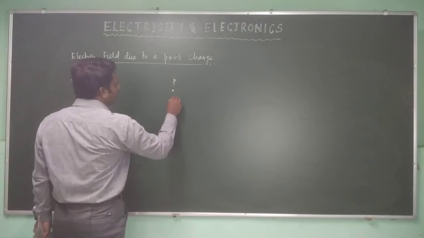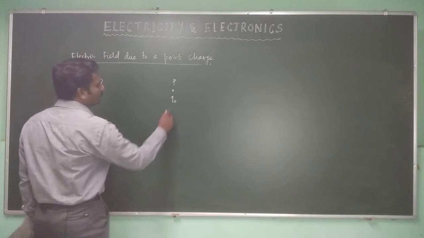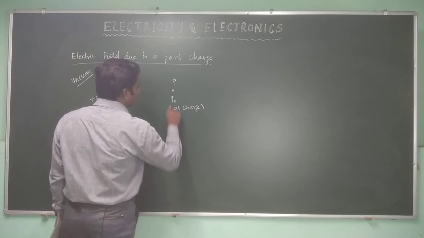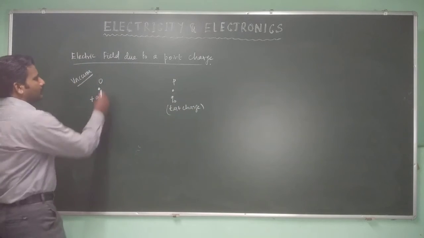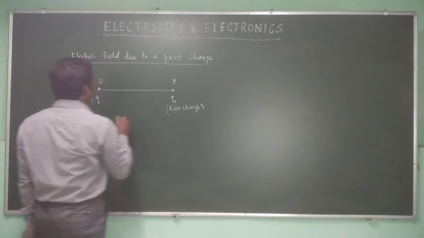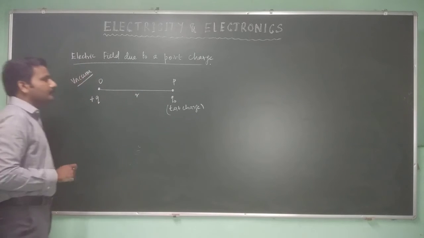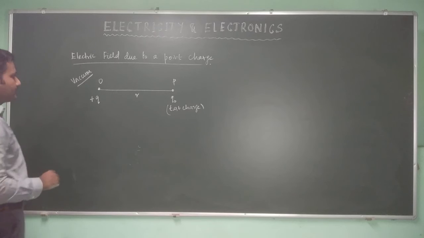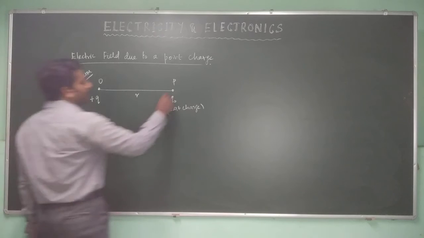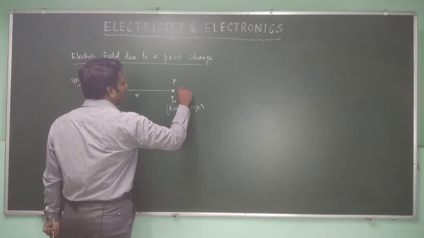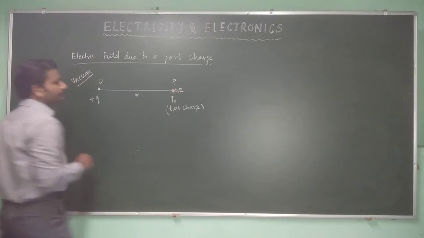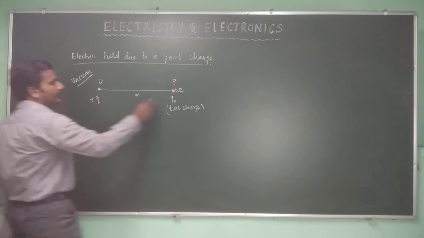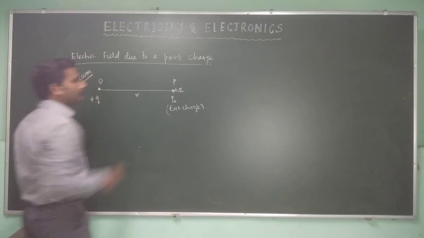At point P we place a test charge. The distance between these two points, OP, is R. Everything is in vacuum. Under this condition, what would be the electric field E at this point due to this charge plus Q when a test charge Q naught is placed here?